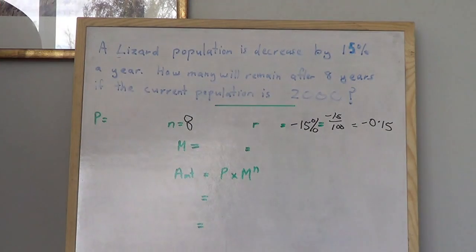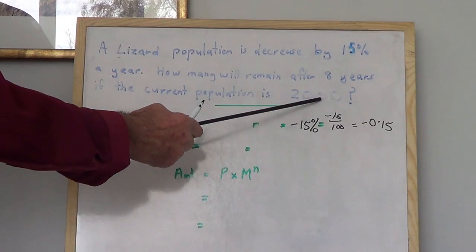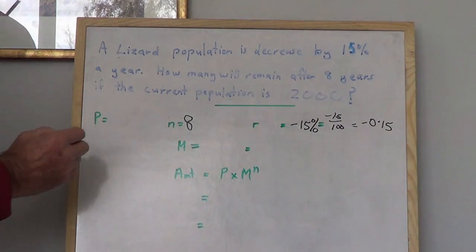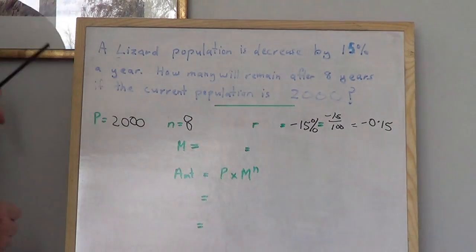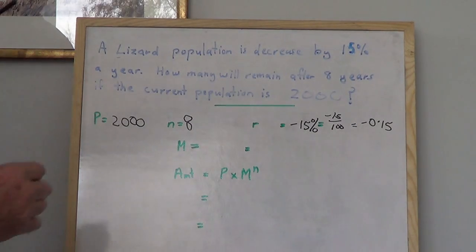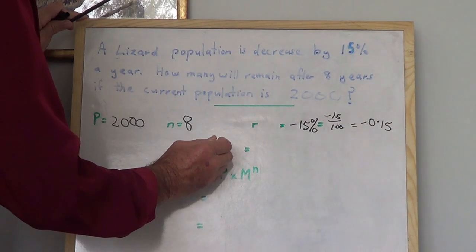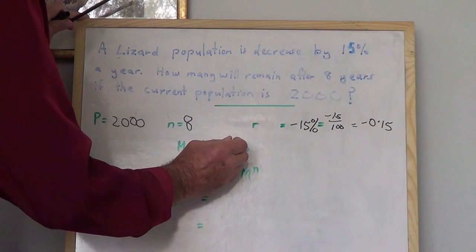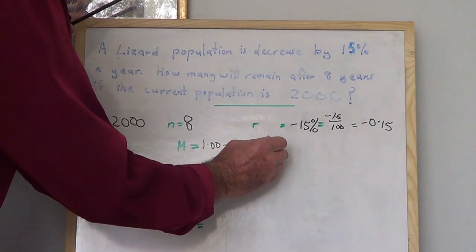And the principal is the starting amount. What are you starting with? 2,000. Now we've got to work out the multiplier. The multiplier is 1.00, in this case minus 0.15, which will be 0.85.